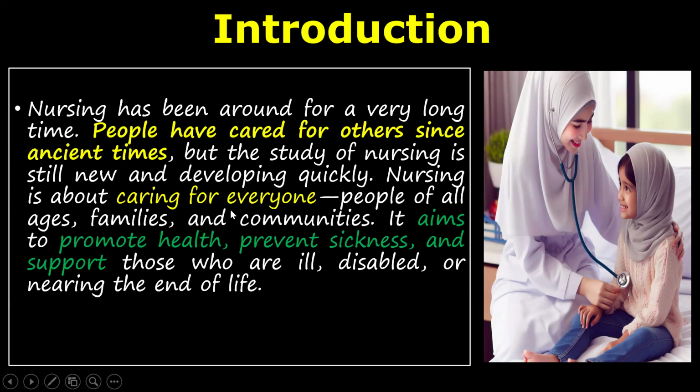Nursing, as you all know, is about caring for everyone, that is, people of all ages, families, and communities. These are the aims and the objective of nursing. It aims to promote health, prevent sickness, and support those who are ill, disabled, or nearing the end of life.